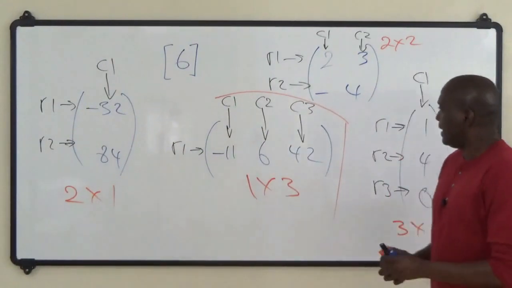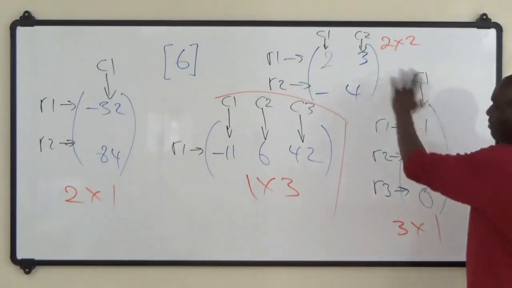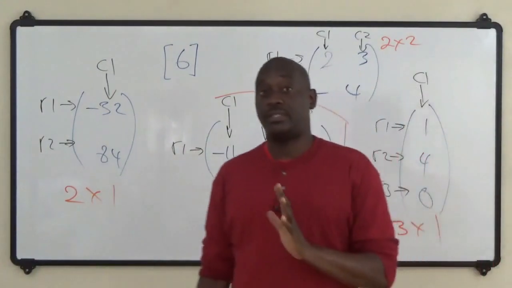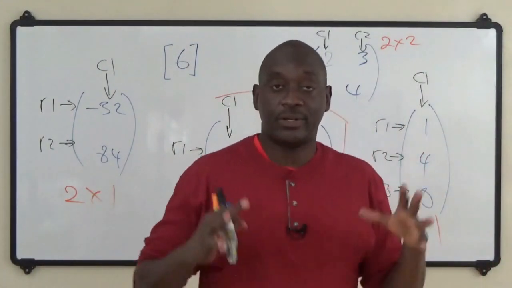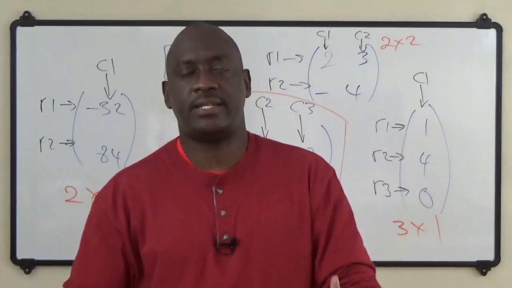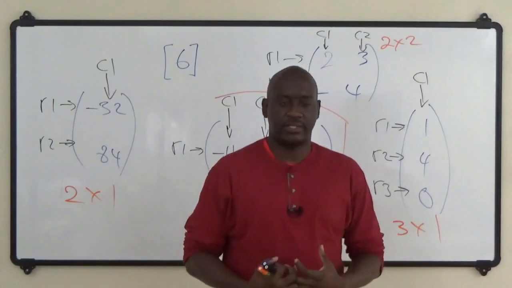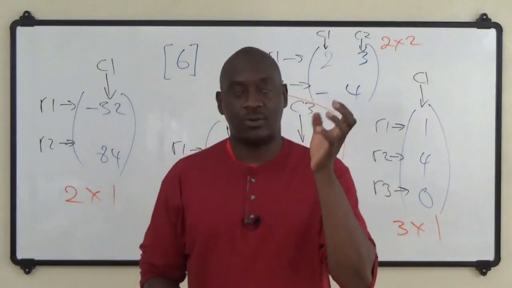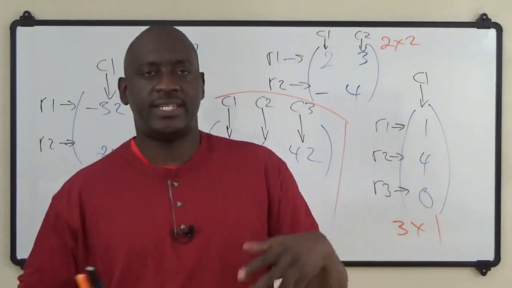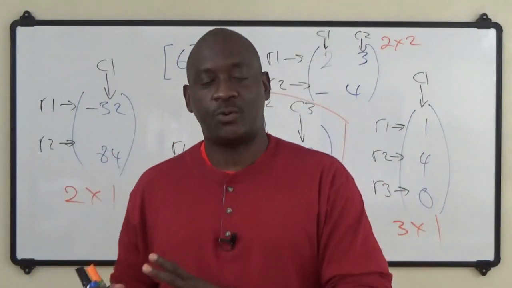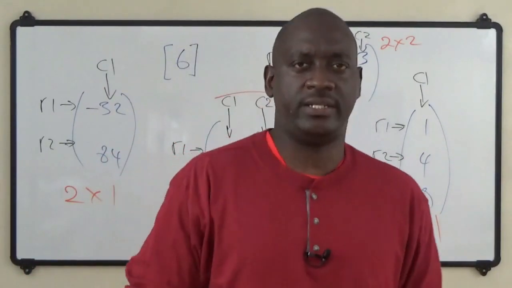So you notice in each of the examples that I just used here, I mentioned the number of rows first. That is deliberate because that is how we define the rank, the order, the dimension of a matrix. It is always rows by columns. In the same way that when you're doing coordinate geometry, you always have the x coordinate first followed by the y coordinate.